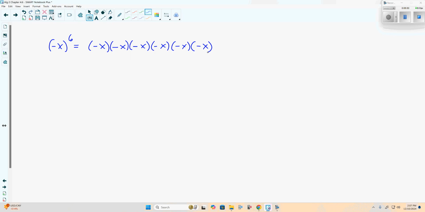Well, negative x times negative x, a negative times a negative, is a positive. Times a negative makes it negative. Times a negative is, in fact, positive. When we multiply a negative by itself an even number of times, it becomes positive. If we multiply it an odd number of times, it becomes negative, yes? So just looking at this here, an even number of times means this is going to be positive, yes? We'd have positive x to the what?